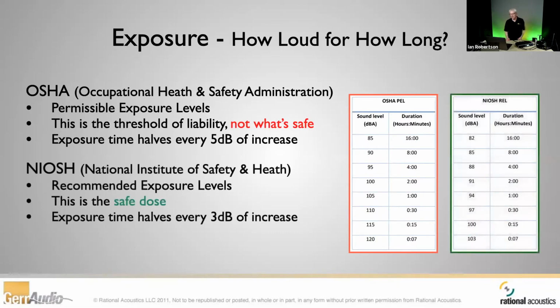And then there's the NIOSH, National Institute for Occupational Safety and Health, which are the recommended exposure levels. So this is what is considered a safe dose. Exposure time halves every 3 dB of increase. And if you think of acoustic power, 3 dB is twice the energy. So if we're getting twice the energy, we should only have it for half the time.